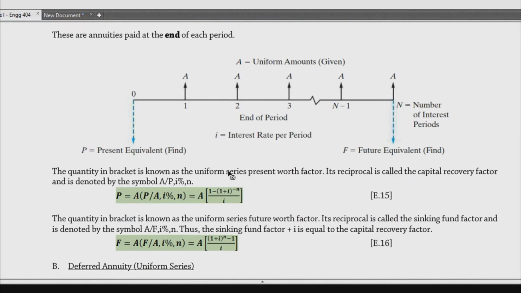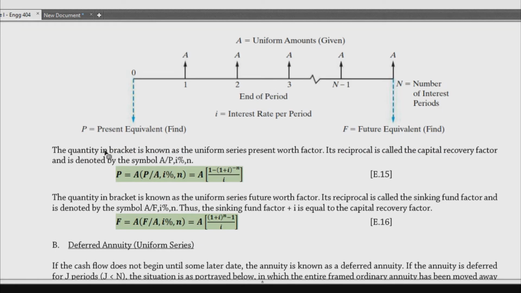So same pa rin interest rate per period, yung F is the future amount and P is the present equivalent, and n is the number of interest periods. So ito yung ating formula. The quantity in bracket, itong 1 minus (1 plus i) raised to negative n over i, is known as the uniform series present worth factor.